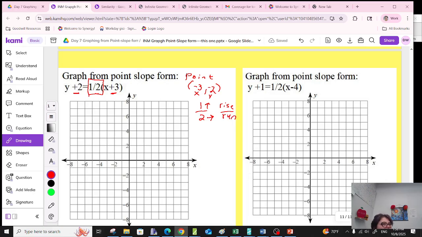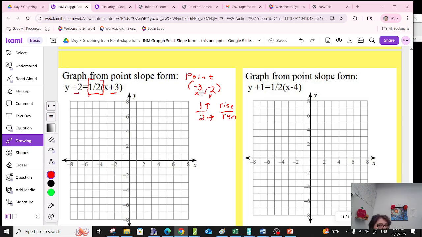It describes the slant of your line, just like on a wheelchair ramp. Actually, there are codes for wheelchair ramps based upon rise and run because you don't want it too steep. So rise means up and down, run means left to right. When it's positive, you're going to go up and then over to the right too.